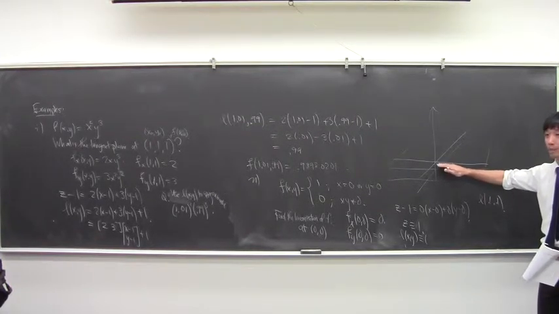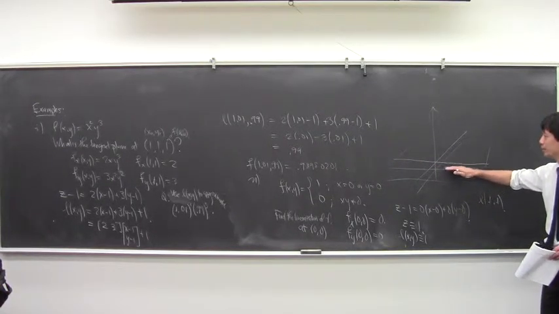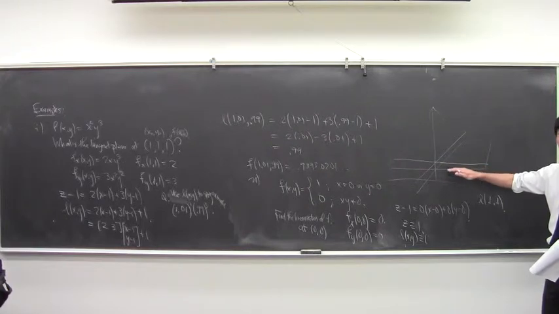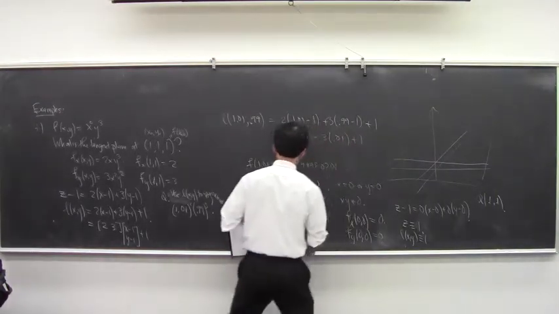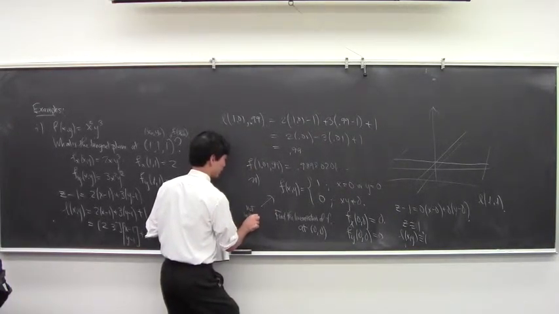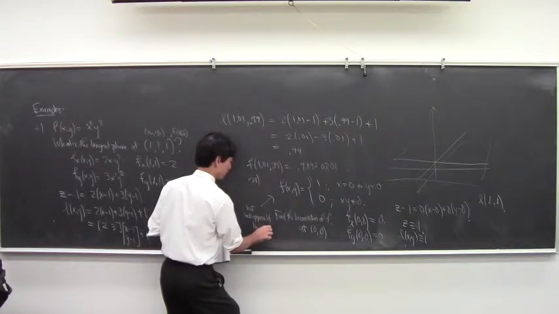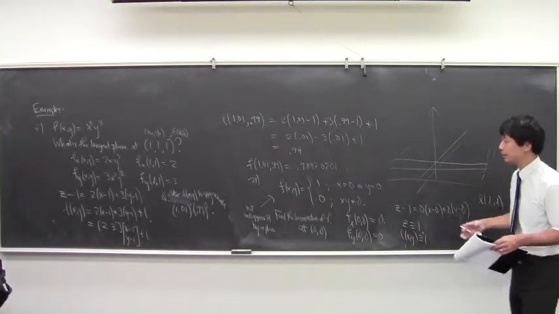Because my function is very discontinuous. It's not really the sort of function that is well approximated. So, right, this guy is really not well approximated by a plane. In fact, it's very discontinuous.